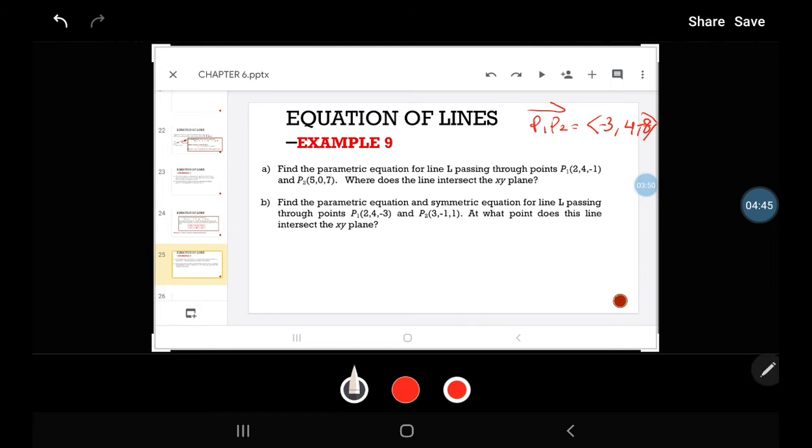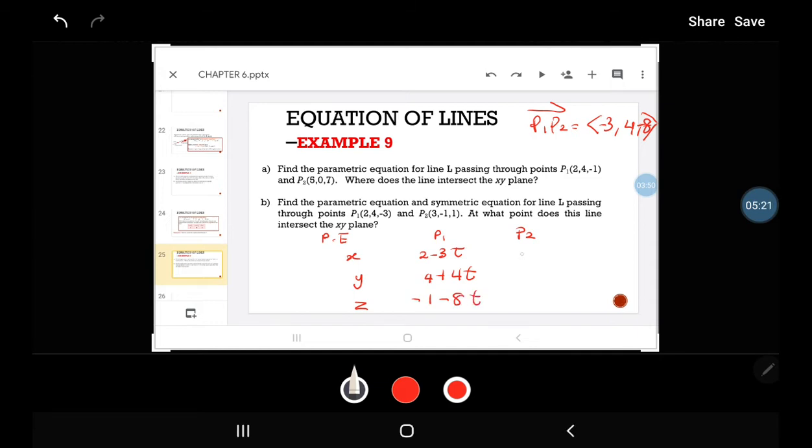Now we want to find the parametric equation. Since we have 2 points, the parametric equation should also be 2. This one is for P1, this one is for P2. The parametric equation for P1 is x equals 2 minus 3t, y equals 4 plus 4t, and z equals minus 1 minus 8t.